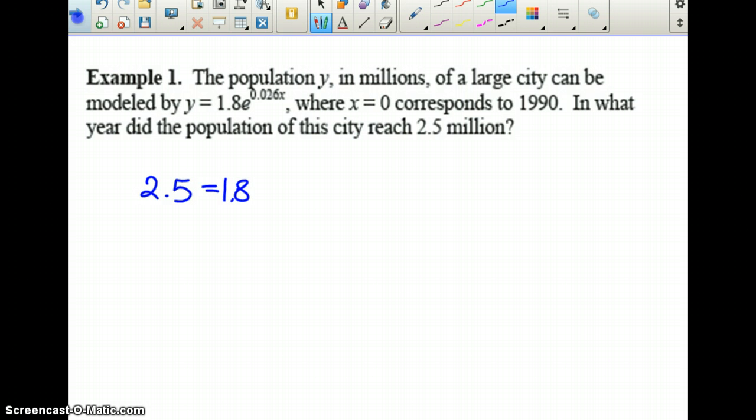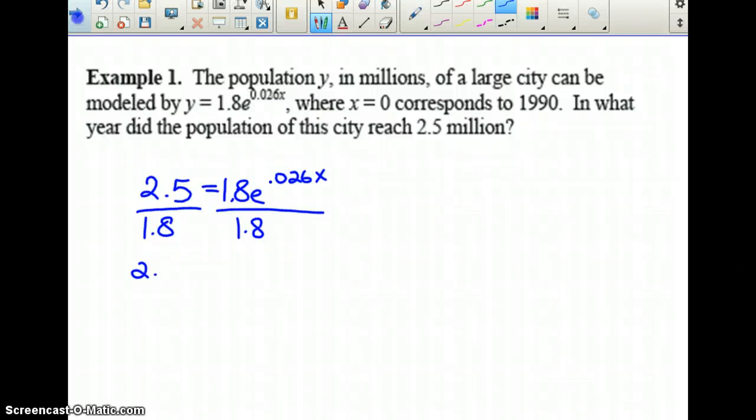So we have 2.5 equals 1.8 e to the 0.026x. All right, so our first step has to be to divide both sides by 1.8. And that's going to give us 2.5 over 1.8 equals e to the 0.026x.